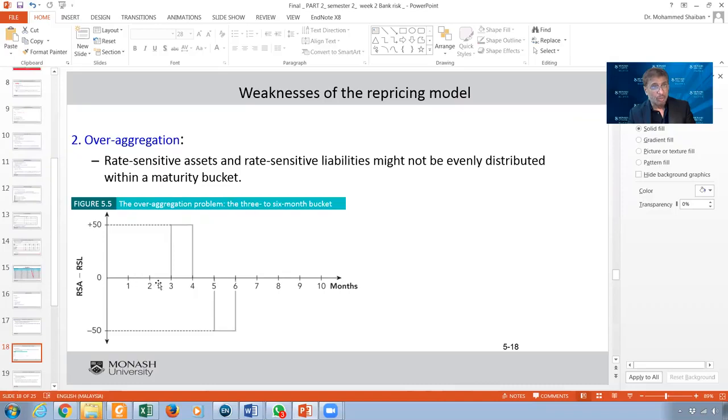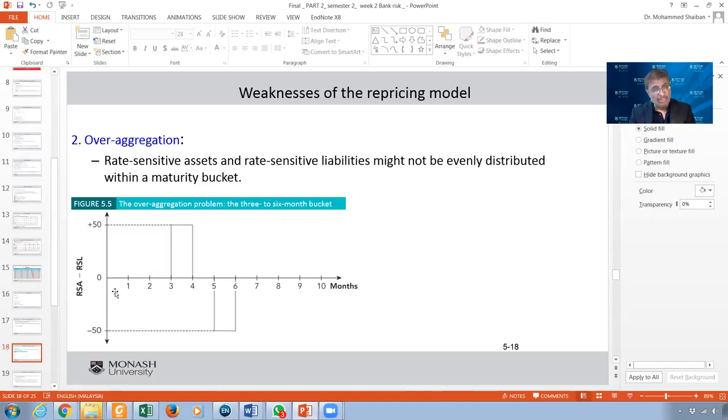Looks like there are 0 gaps. Here there is 1 gap, which means plus 50. In month 4 there is another gap, which is 50. But then month 5 is minus 50. 6 months is minus 50. If you look at them, it looks like this one is actually a 0 gap.